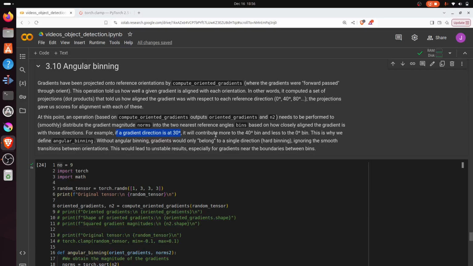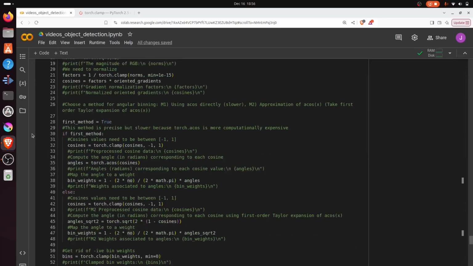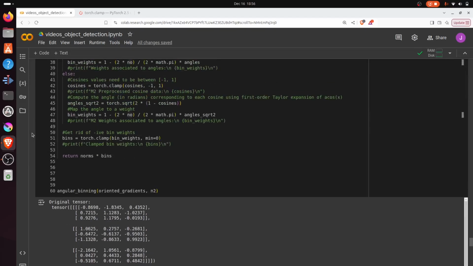For example, imagine that our reference orientation is 40 degrees and our original gradient is 30 degrees. Hence, the associated angular binning value is going to be greater compared to the same gradient being compared to a reference orientation of 0, where it's going to be a lower value. That is the logic behind it.